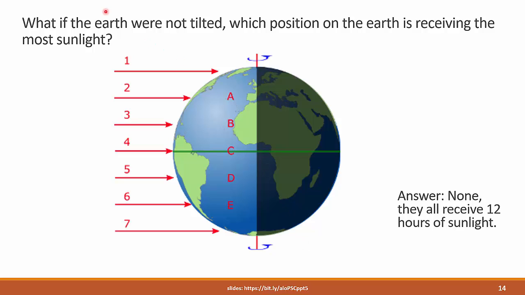Okay, now if the Earth were not tilted, which part of the Earth would receive the most sunlight? None. They all receive 24 hours of daytime and 24 hours of nighttime, so it's going to be the same.